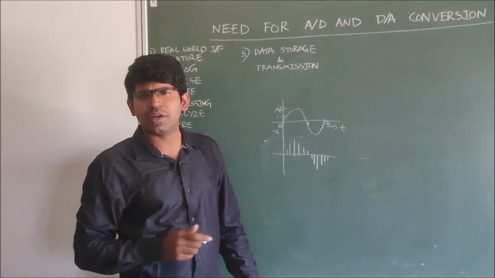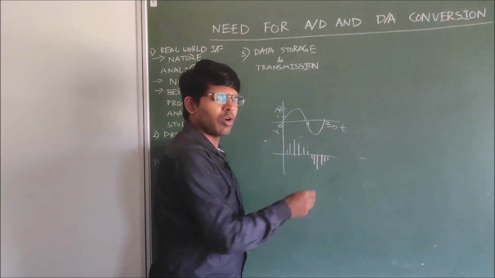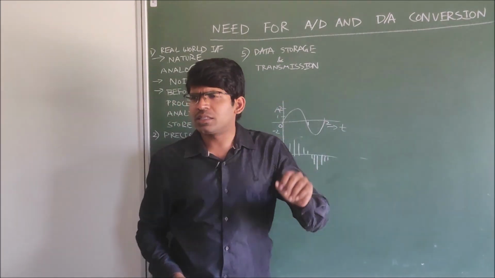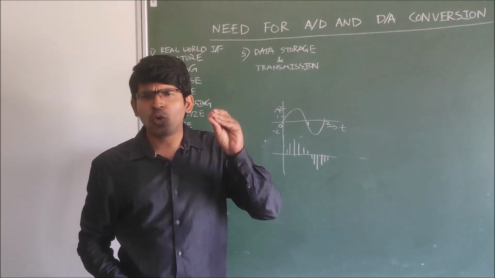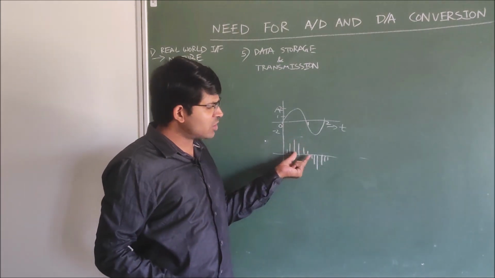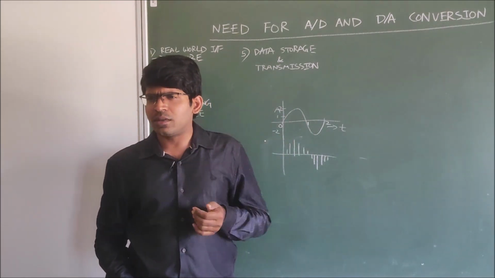These are only some time intervals: 1, 2, 3, 4, 5, 6, 9, 12. Out of infinite time intervals, I have selected only 12. With these 12 time intervals, I can reconstruct the signal.